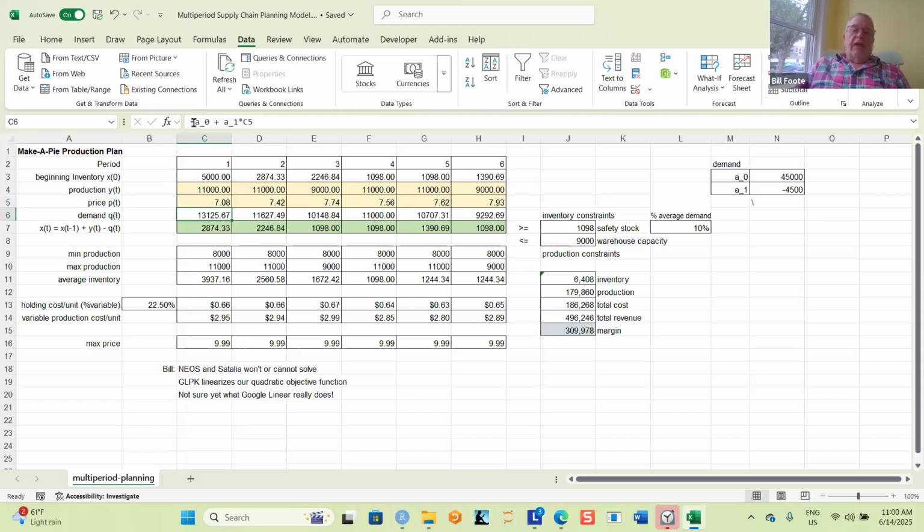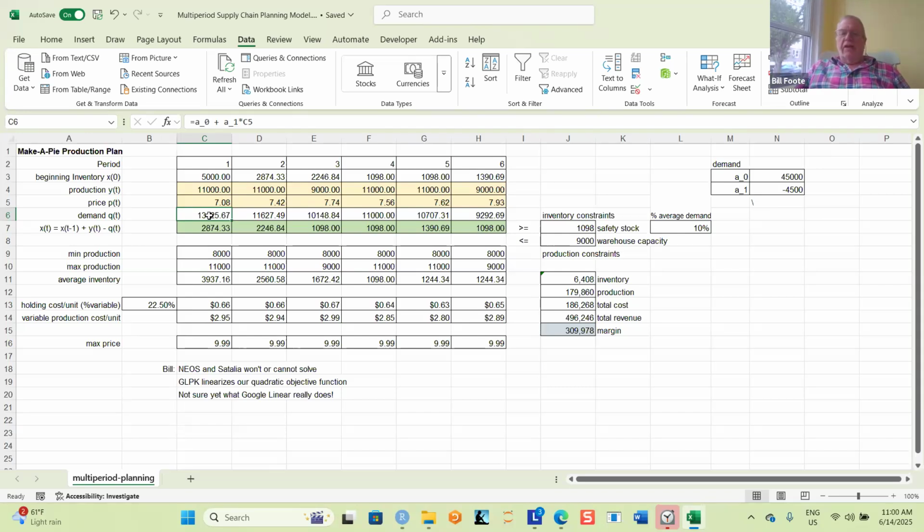So this is the demand function. And this was the same one from, I think, the previous week. We start with 45,000, and it declines by 4,500 per pie. That's just the demand, and it ends up being this number.